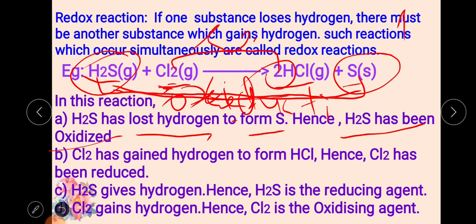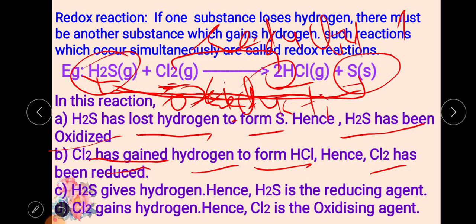Chlorine has gained hydrogen to form HCl, meaning chlorine has been reduced. Reduction is not only removal of oxygen, it is also gaining of hydrogen.